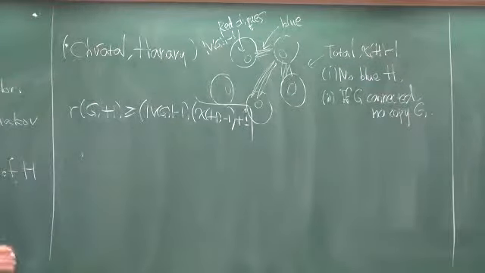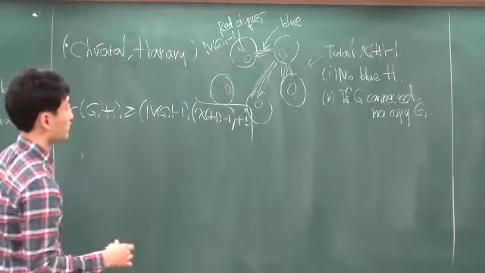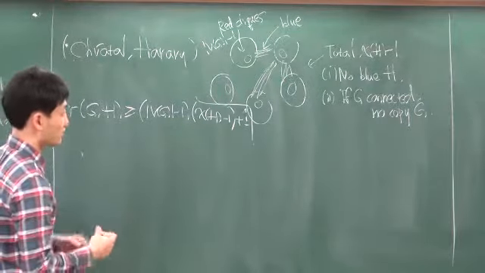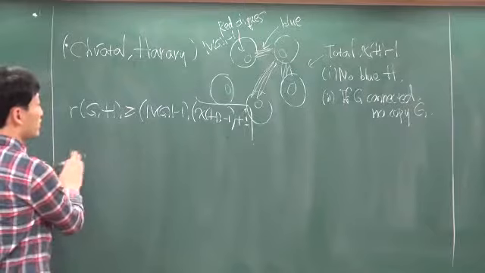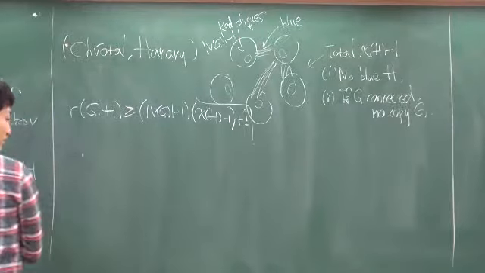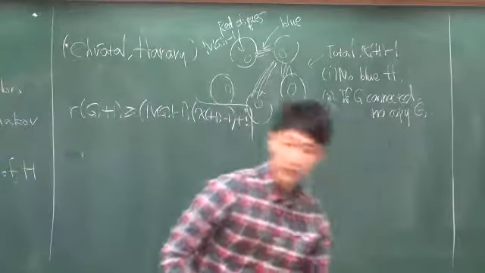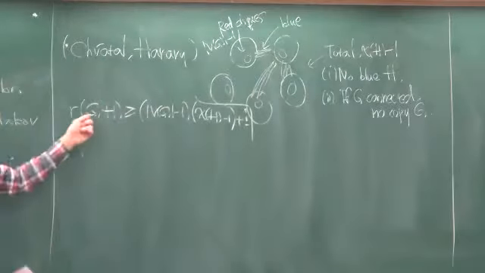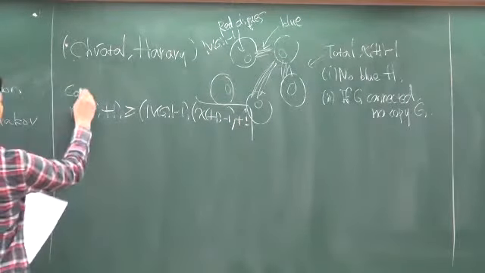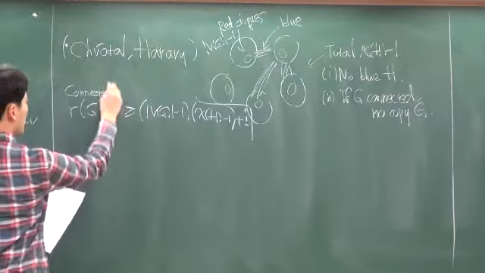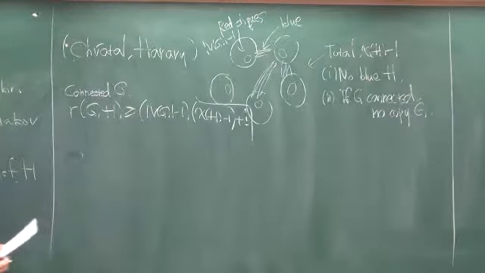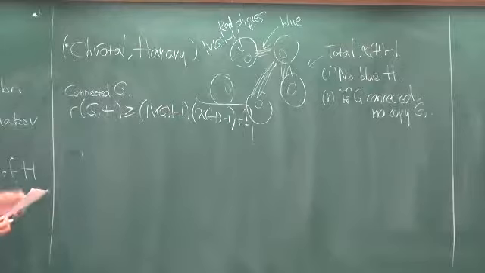And we can slightly improve it, rather meaninglessly, as follows. That's for connected G, but all the graphs we consider today are connected, so this will be a general bound.